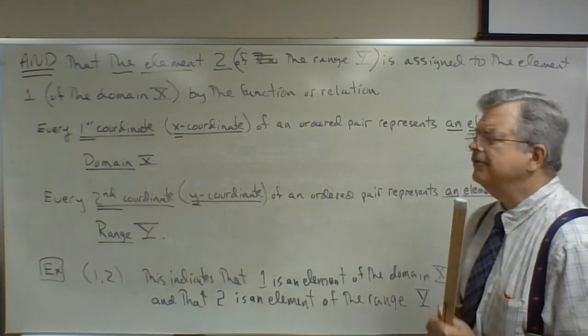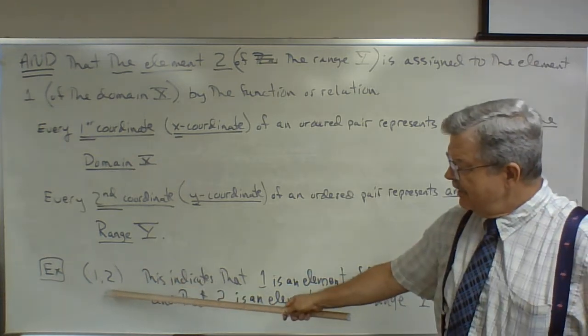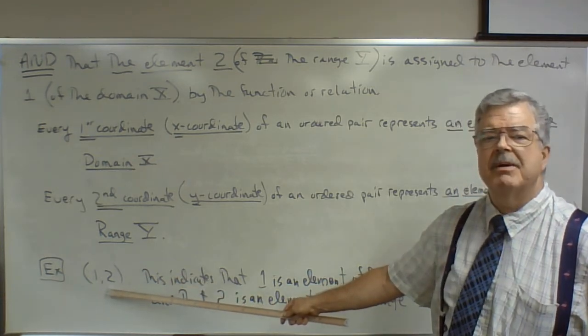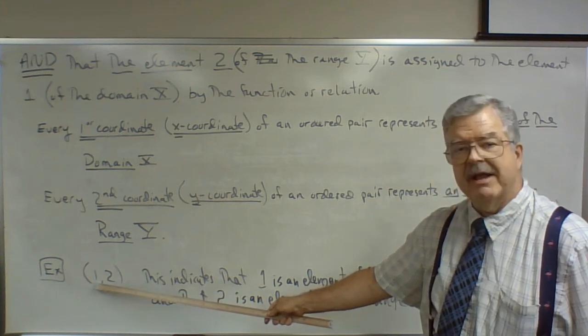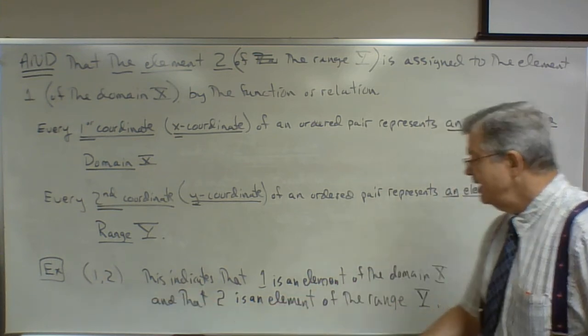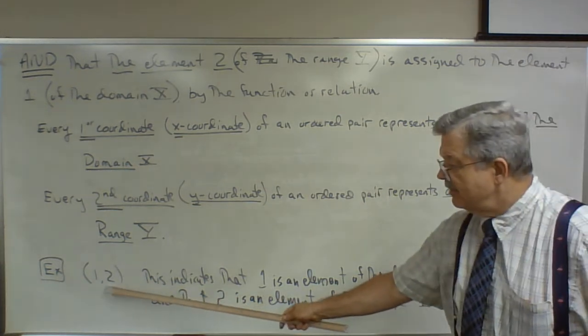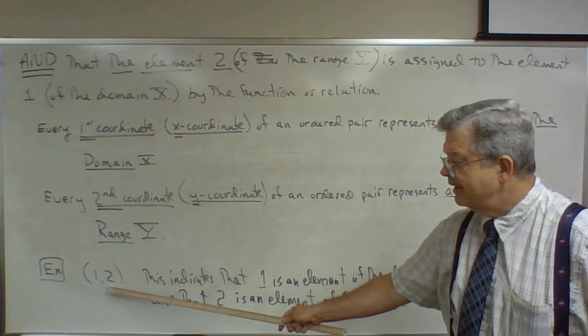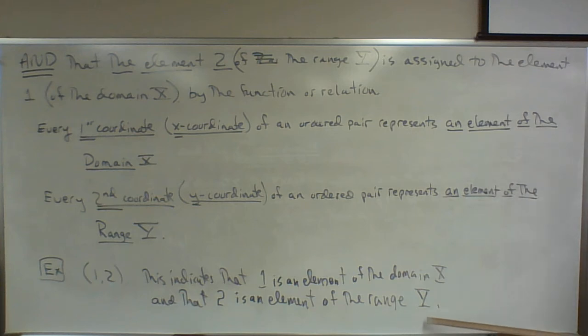Okay, I think this completes the thought very nicely. We're using this ordered pair to help represent the function. The first coordinate, or x coordinate being 1, tells us that 1 is an element of the domain x. This second coordinate, or y coordinate, 2, tells us that 2 is an element of the range y.